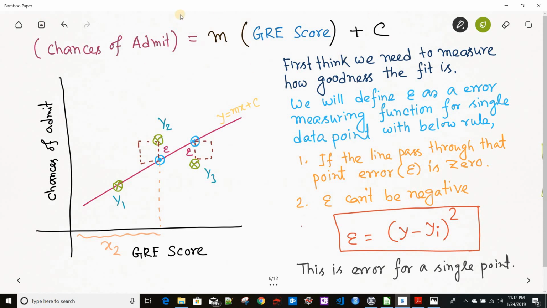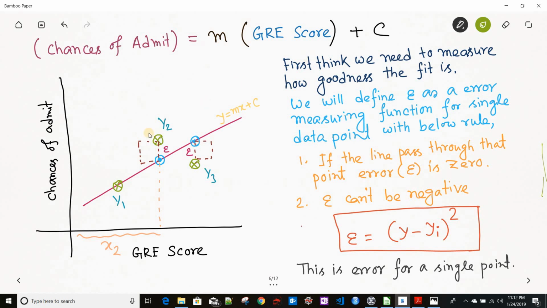So if I come up with this kind of equation, and I enter a GRE score, this model will be able to predict the chances of admit, right? So now we have basically formulated the basics of our goal.